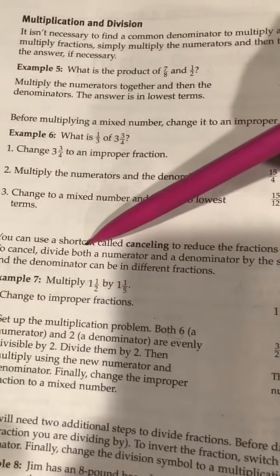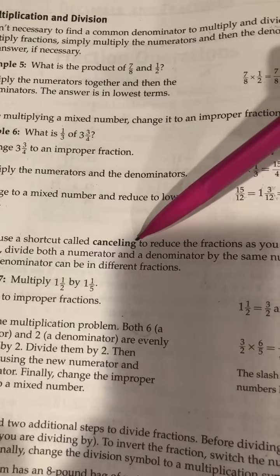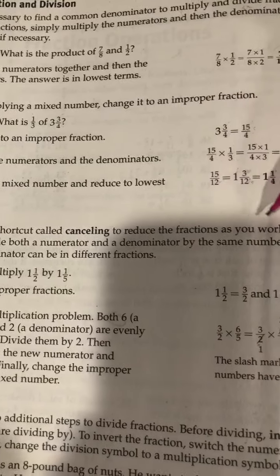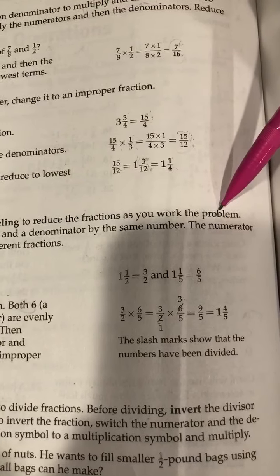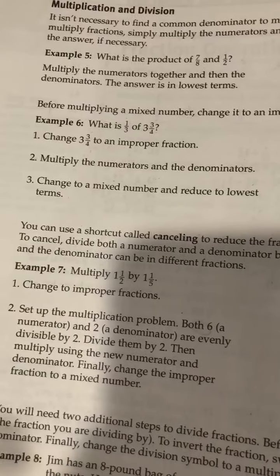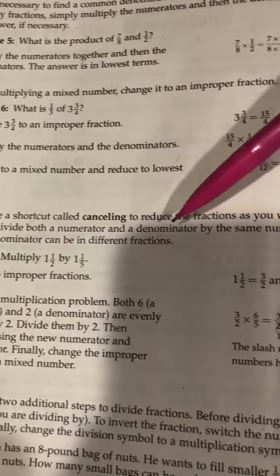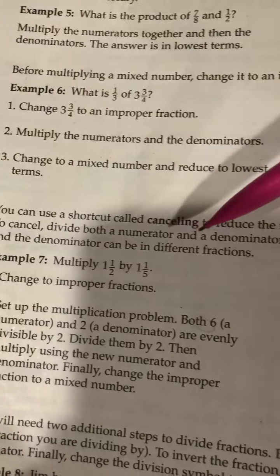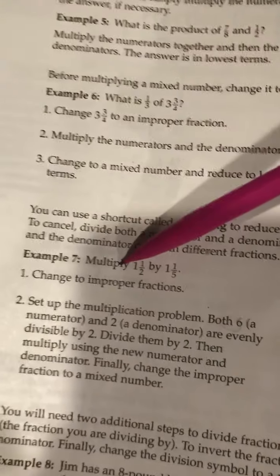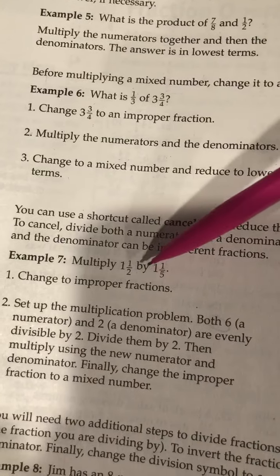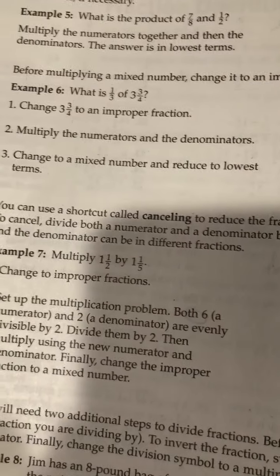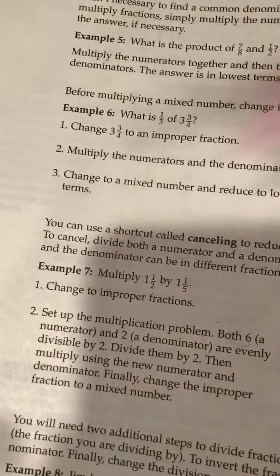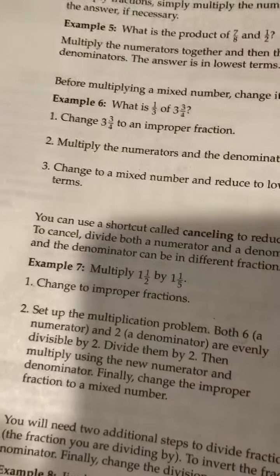You can use a shortcut called canceling to reduce the fractions as you work the problem. To cancel, divide both a numerator and a denominator by the same number. The numerator and the denominator can be in different fractions. So, for example, multiply 1 and 1/2 by 1 and 1/5. The first step, change them to improper fractions.